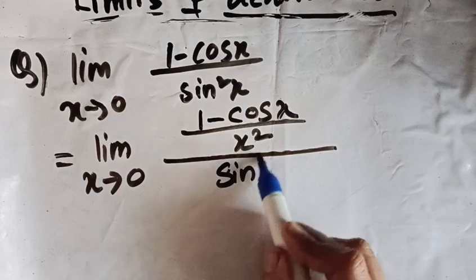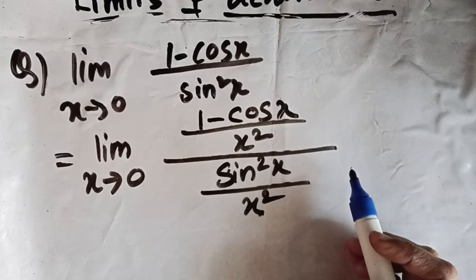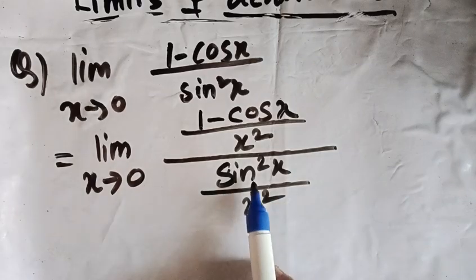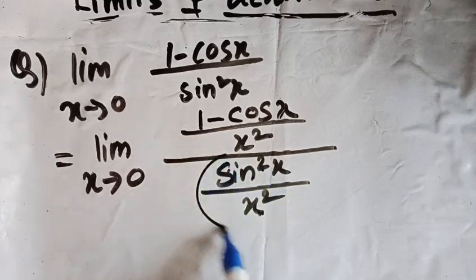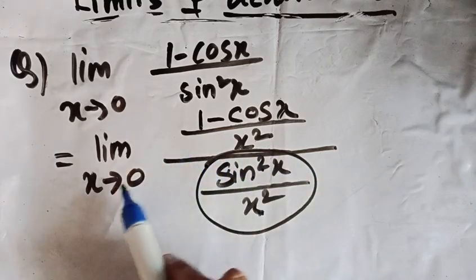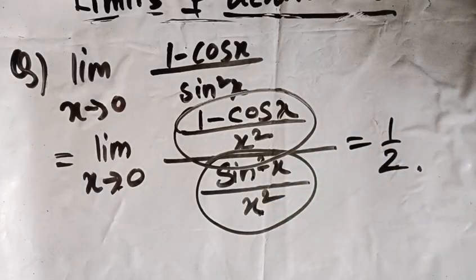That x square will come in the denominator, so we wanted here x square because sine square is given. So this becomes 1 and as x tends to 0 this becomes half. So the answer is half.